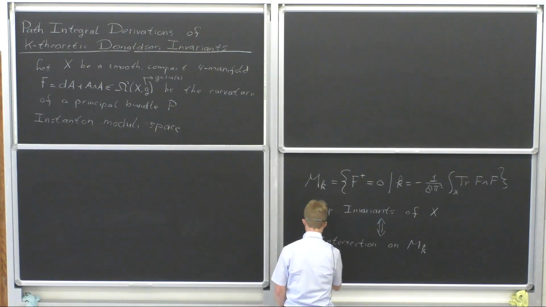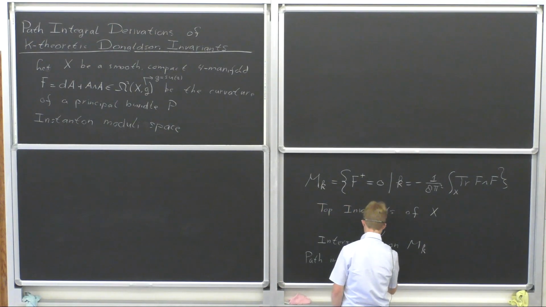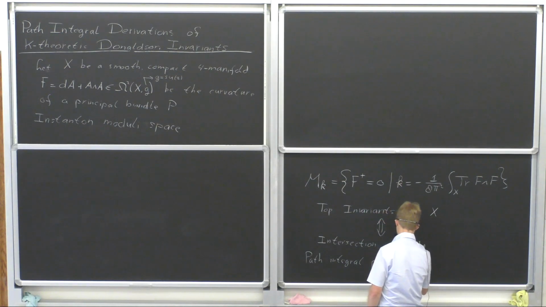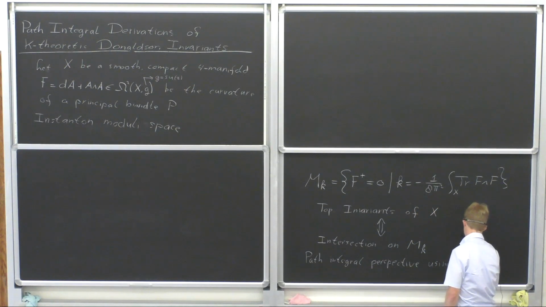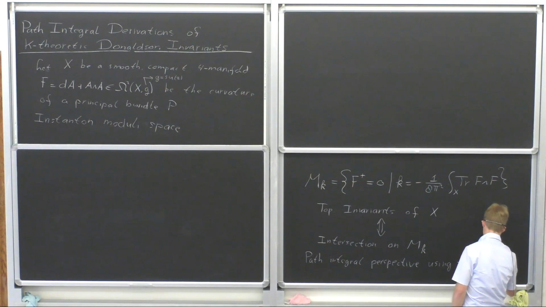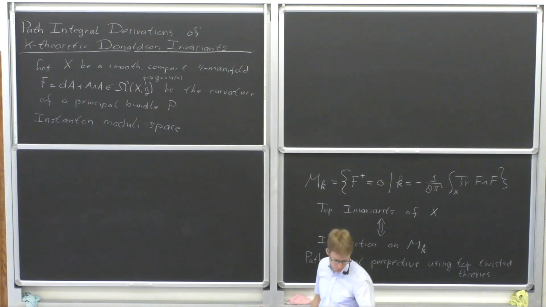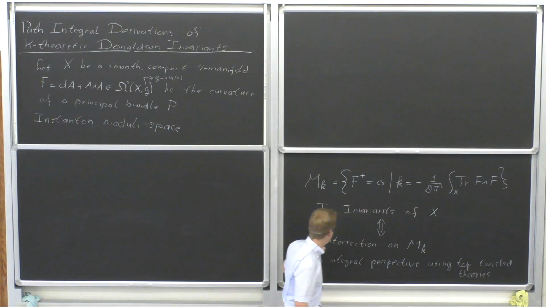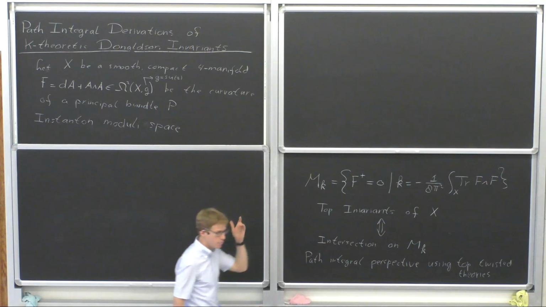So the path integral perspective or derivation using topologically twisted theories. And different topological theories will give us different differential forms to integrate over these moduli spaces.